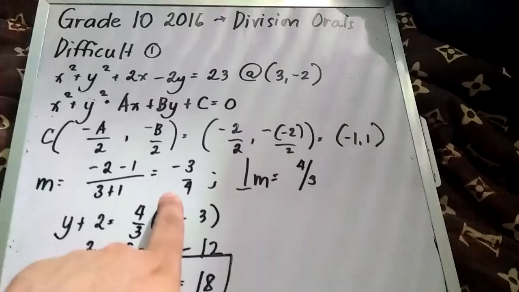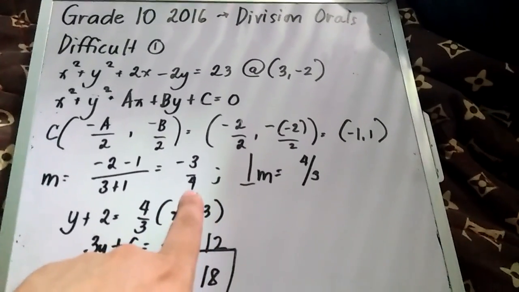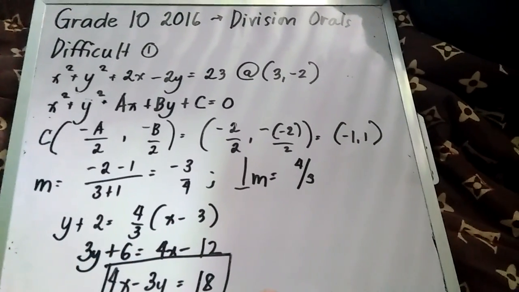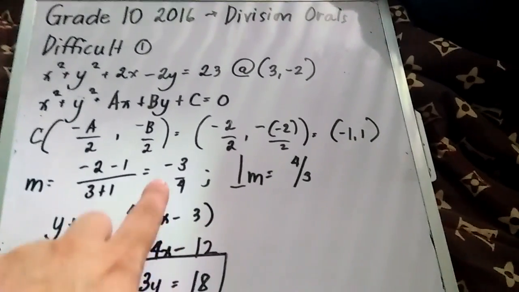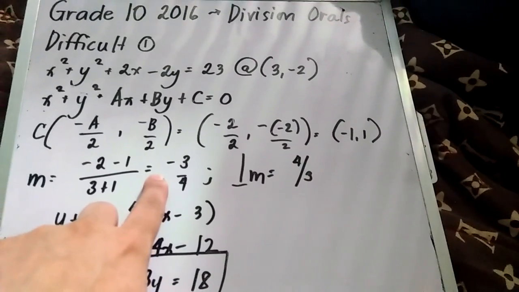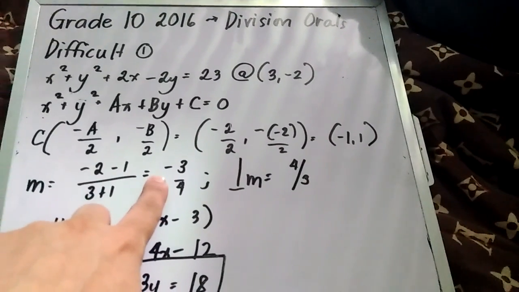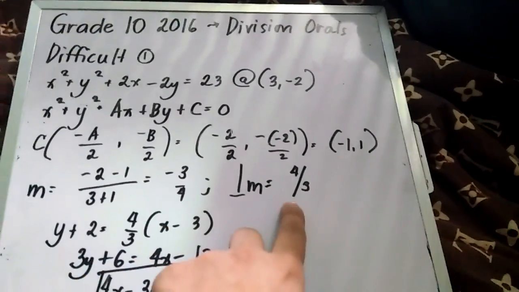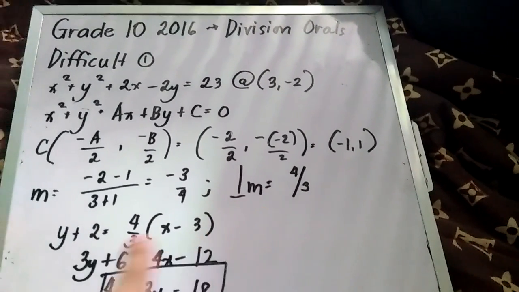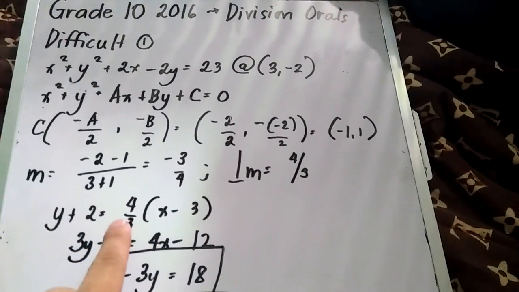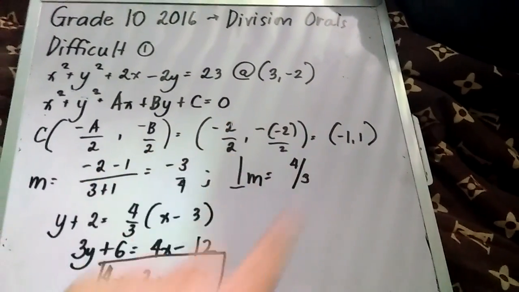that is negative 3 over 4. But take note that the tangent line is always perpendicular to the radius. Thus, we are going to use the negative reciprocal of this slope, and that is 4 over 3. This 4 over 3 will be the new slope of our tangent line to the circle at the given point (3, -2).